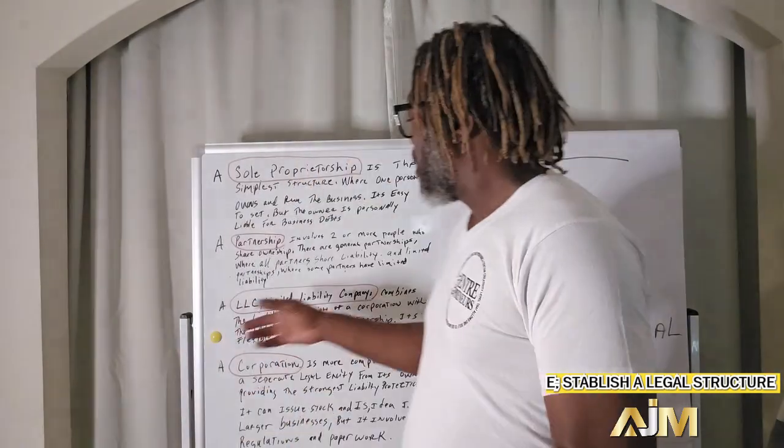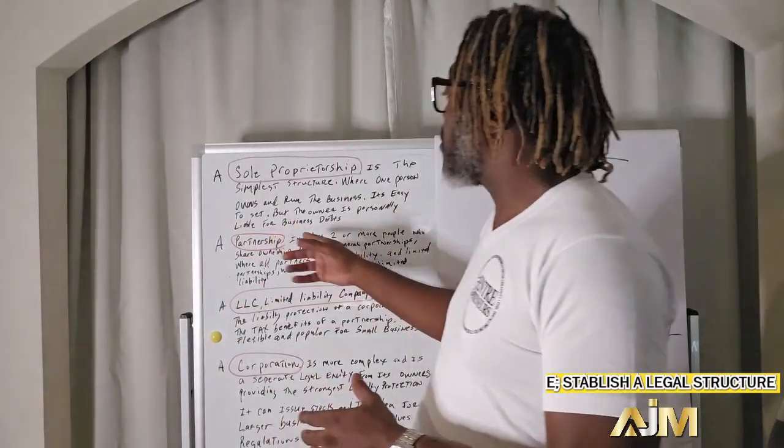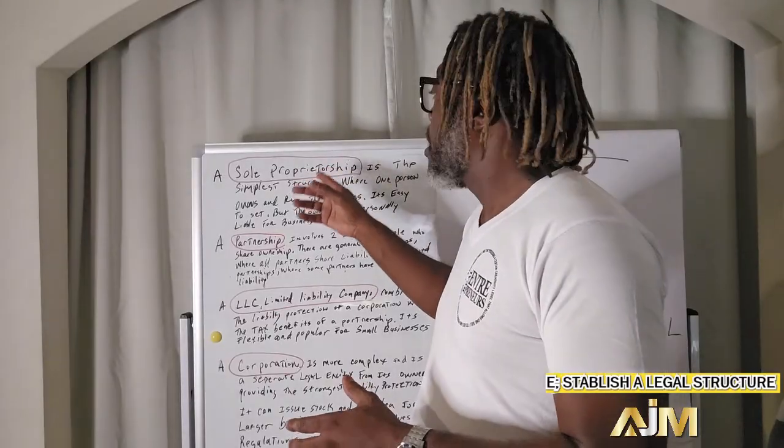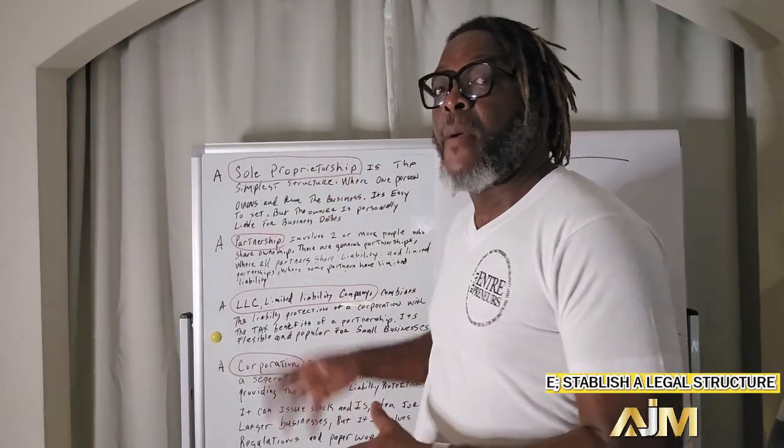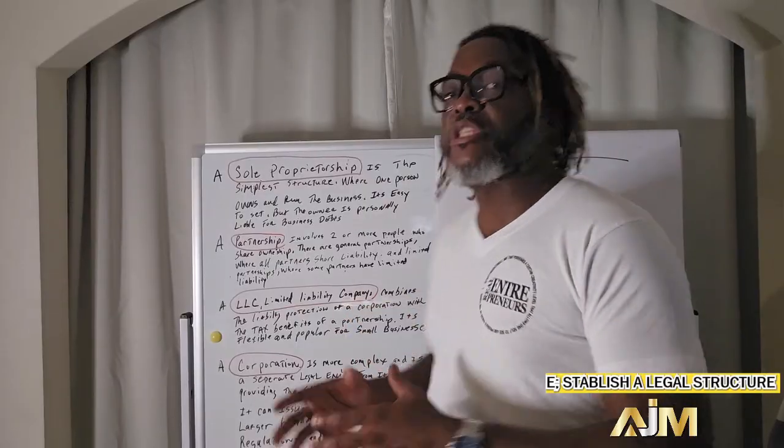From your adjusted gross income. Limited liability, which is an LLC, operates just like a partnership or a sole proprietorship when it comes to your taxes. Because as an LLC, it's going to be subtracted from your adjusted gross income also. You guys understand what I'm saying?